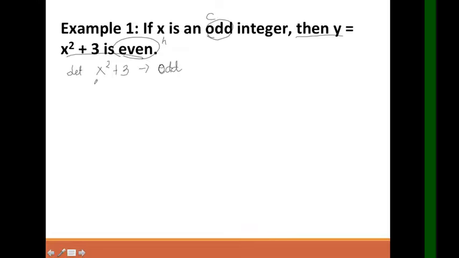Okay, so since this one is an odd number, so let's say that we have the given x squared plus 3, and then we just need to put this one inside. So we have x squared plus 3 squared plus 3.